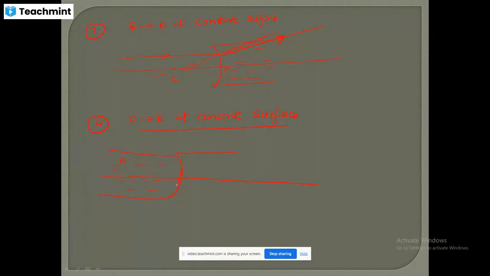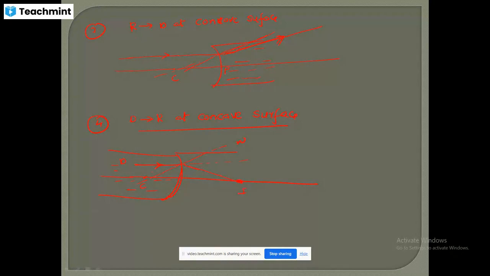Light is traveling from the denser medium to the rarer medium, and draw the normal here. This is the center of curvature, and this is the normal. Whenever light travels from denser to rarer, light bends away from the normal. This is the actual ray. Away from the normal means it goes like that. These are the observations we make.